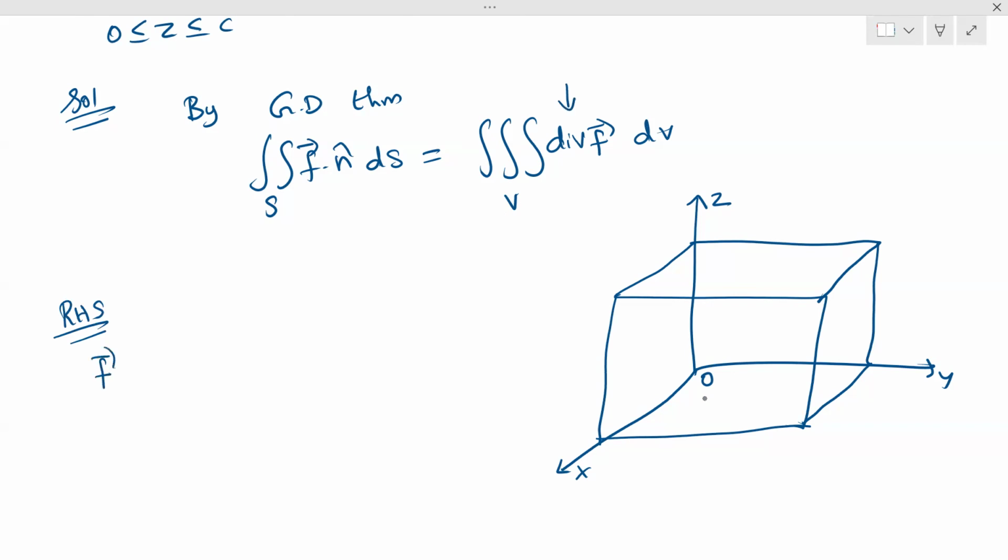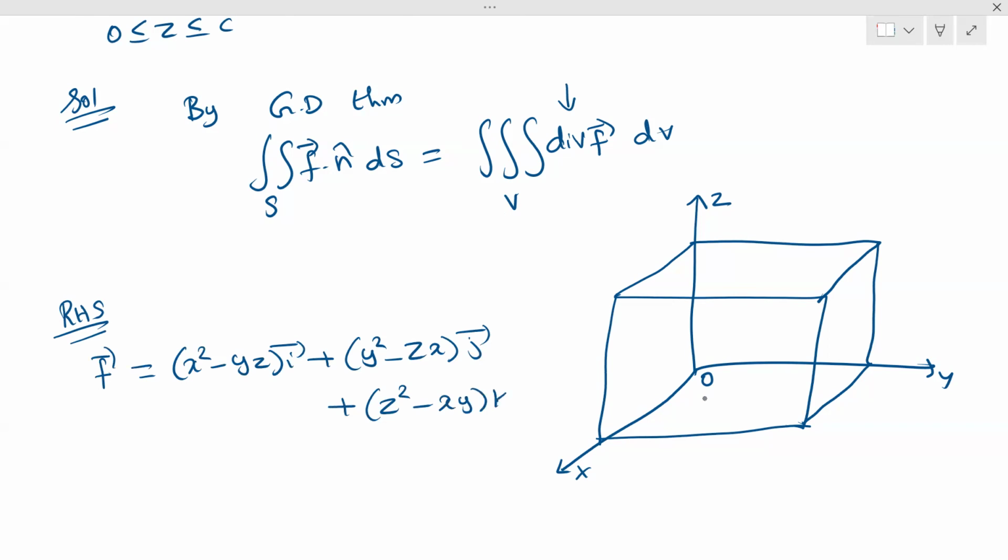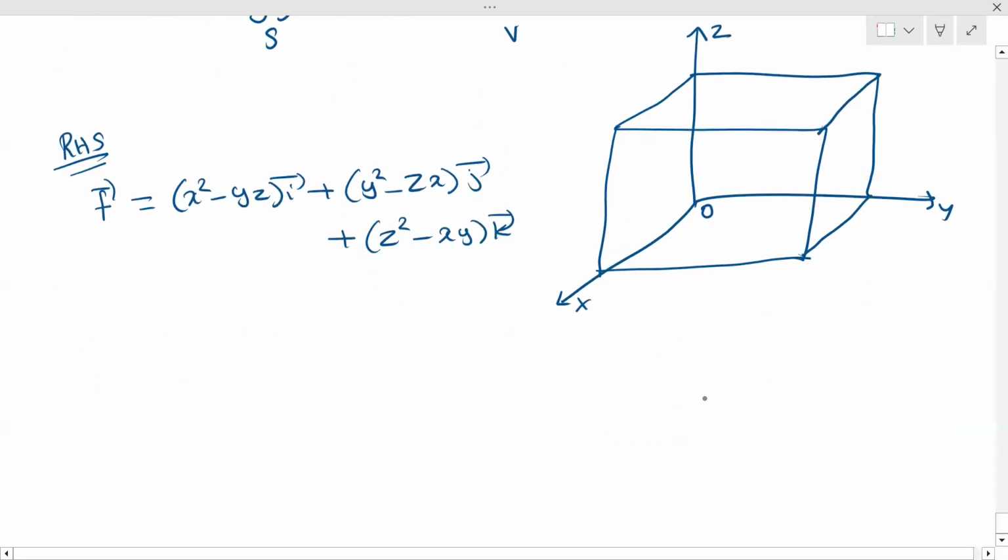What is the F vector they have given? x square minus yz i plus y square minus zx j plus z square minus xy k.